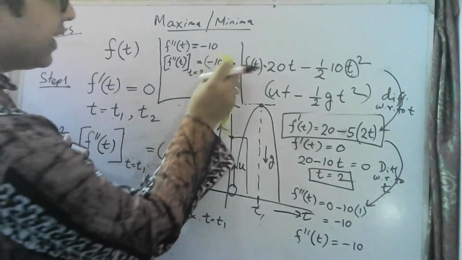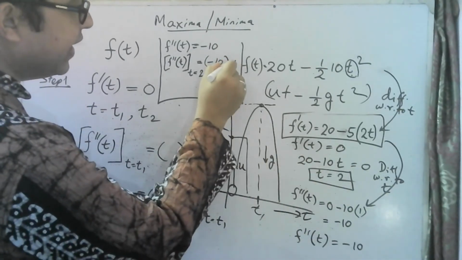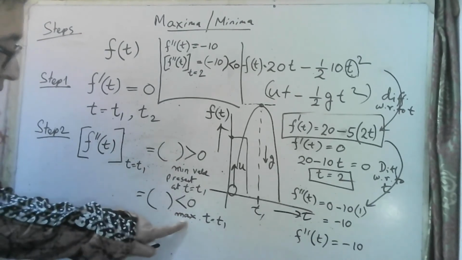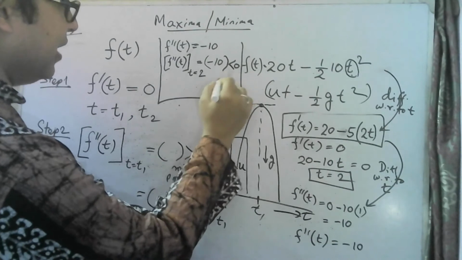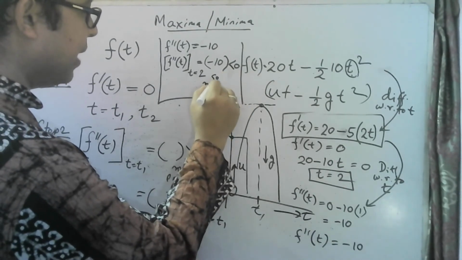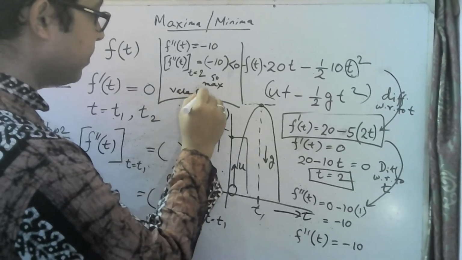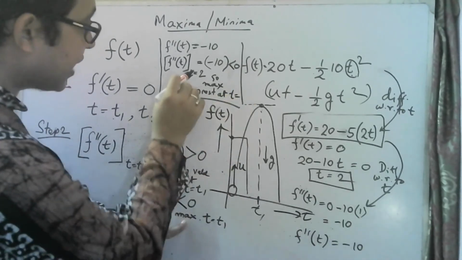But here in our example this is always negative. If it is negative, then maximum value is present. Maximum value is present at t is equal to what? T is equal to 2.